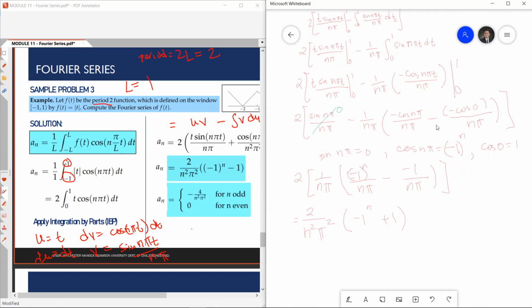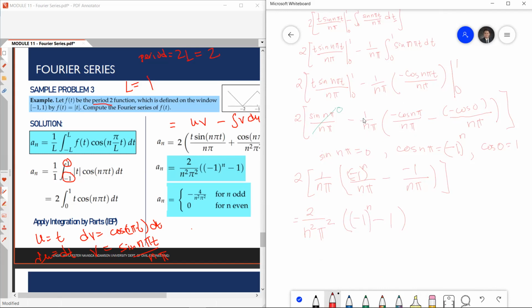Magiging positive na to. Kasi nilabas ko yung negative dito. Should be positive cosine n pi. This one should be negative pa rin. So this one positive times negative, so negative pa rin nga. So this one should be negative. One should be negative 1. Okay, this should be negative 1.